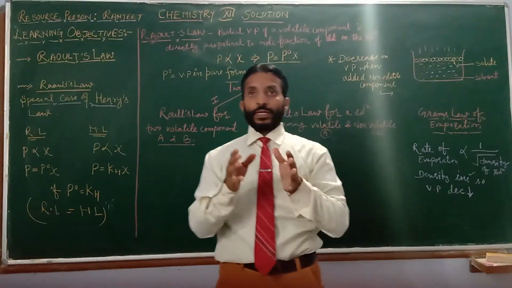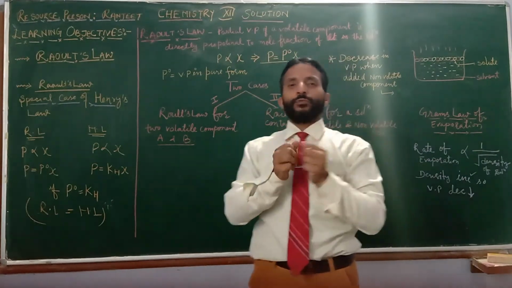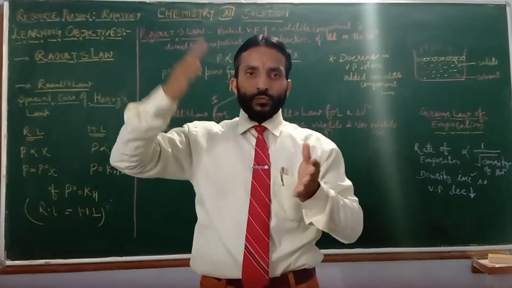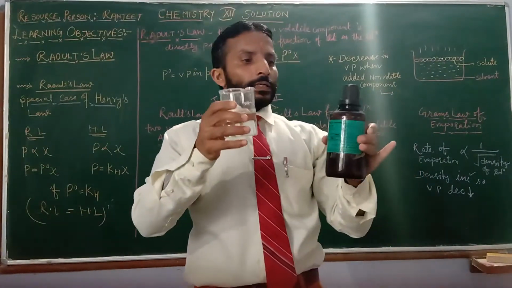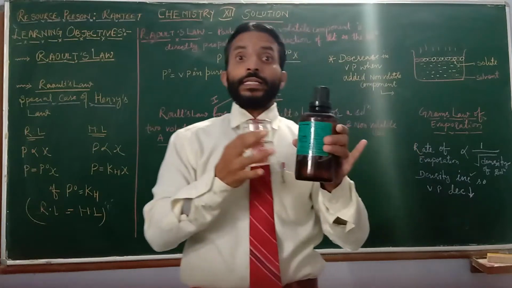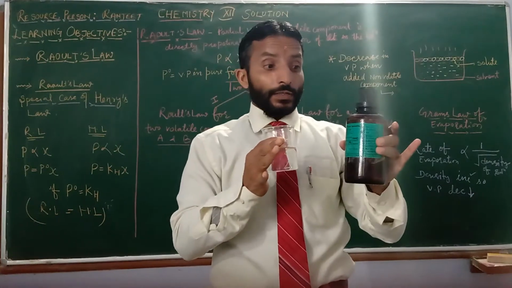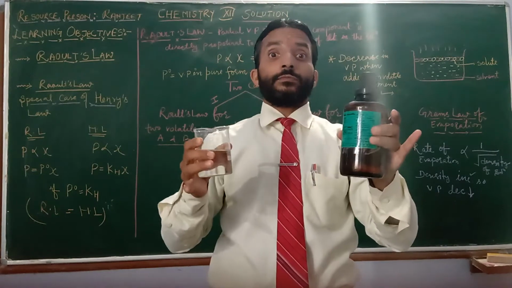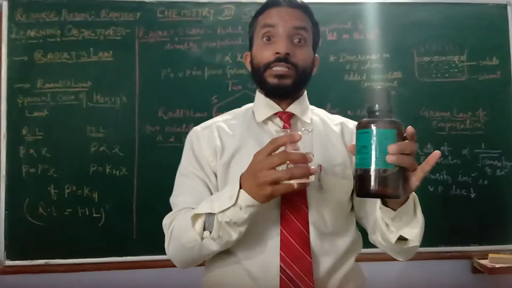A volatile component is that component which has a very low boiling point. With less energy, it moves into the vapor form. For example, if we compare water and acetone, acetone has a lower boiling point, so when it falls on any part of our body, it evaporates by absorbing energy from our body and gives us a cooling sensation.